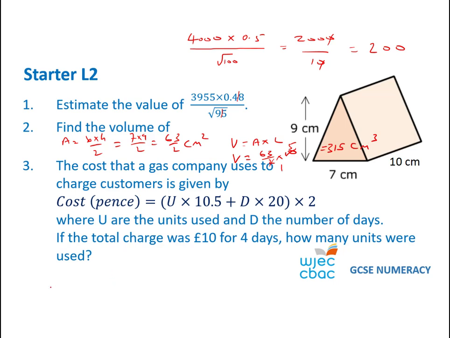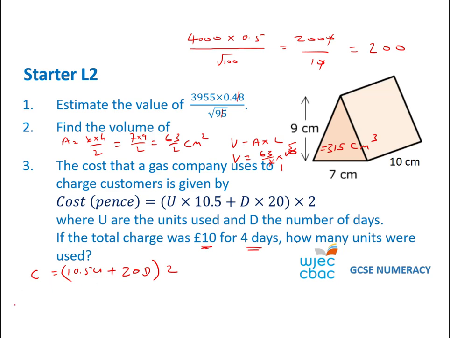This final one, well, let's work through it. You've got cost C in pence, so be careful, is equal to U times 10.5, or I put the number first, 10.5 U plus D times 20, or 20D, and then we multiply all of that by 2. So if we put the numbers that we've got in, total charge is £10 and the total time is 4 days.